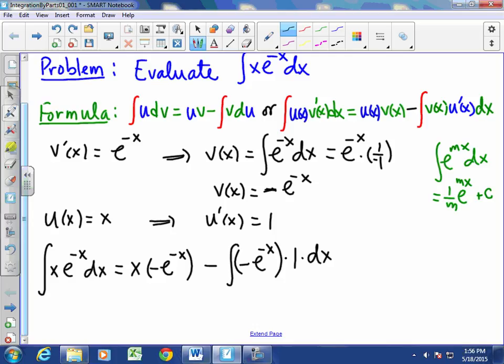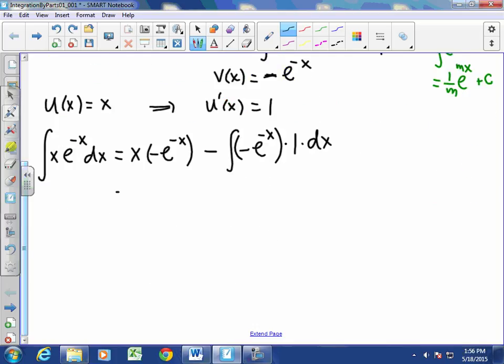So simplifying, we obtain negative x e to the negative x plus the integral of e to the negative x dx.